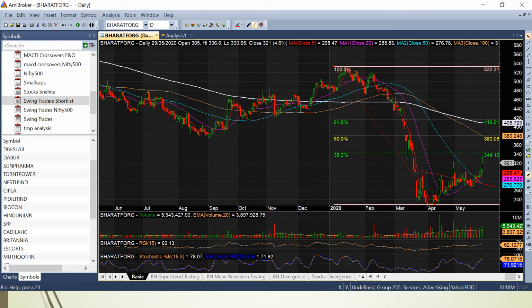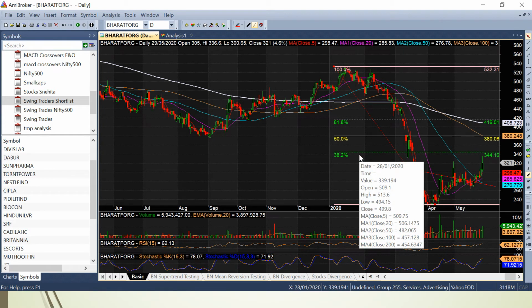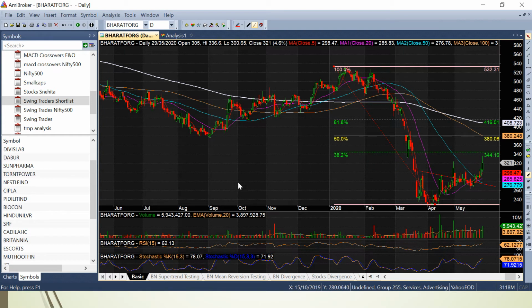That starts showing me the different Fibonacci levels which I would respect as support or resistance points. If you see again, your 50% level is almost near this bottom, right?